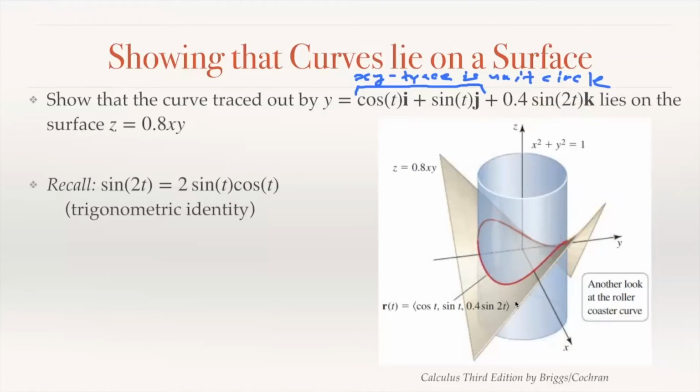And sometimes we might be interested in a surface on which a vector function lies. So it looks like this vector function lies on this hyperbolic surface. Let's find the equation for it.